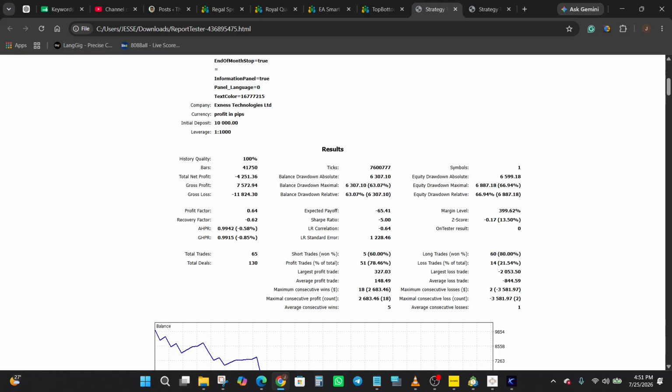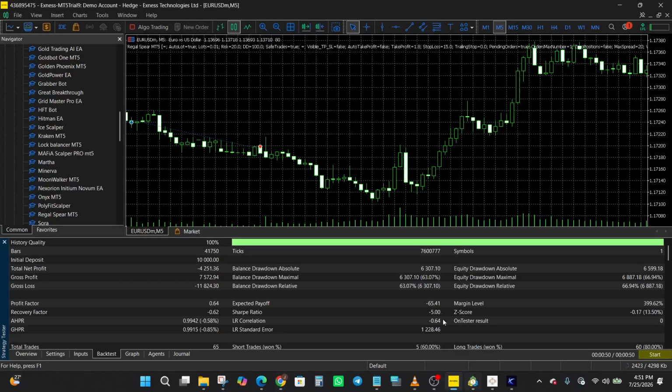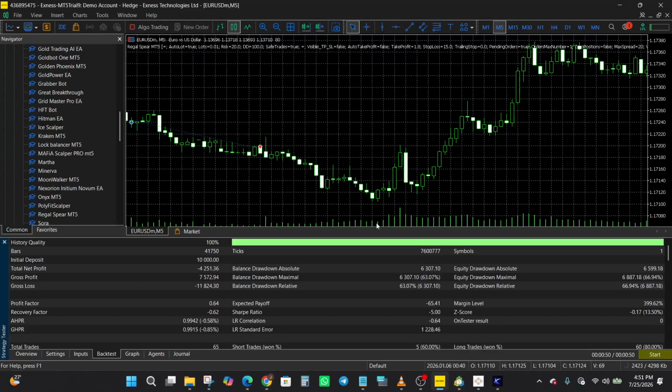All right. So, in conclusion, Regal Spear EA for MT5 presents a short duration trading model with a high historical win rate, but its performance in this test highlights the critical importance of risk management.